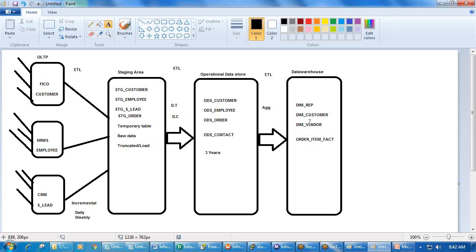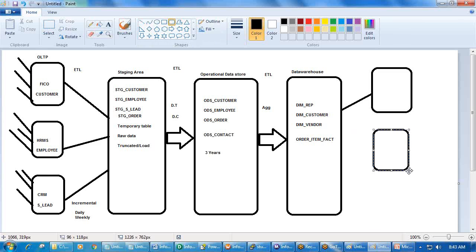A data warehouse is defined as data for all the subject areas, for sales, marketing, and everything you are combining and then storing. Further from the data warehouse, we will again load the data into a different set of individual data marts, which are defined for a specific subject area.